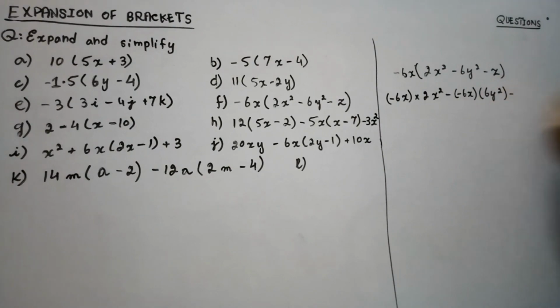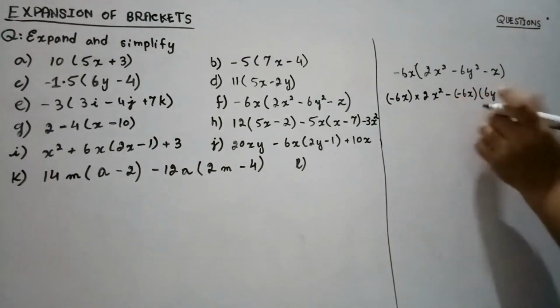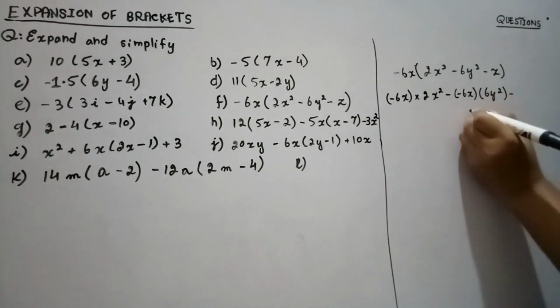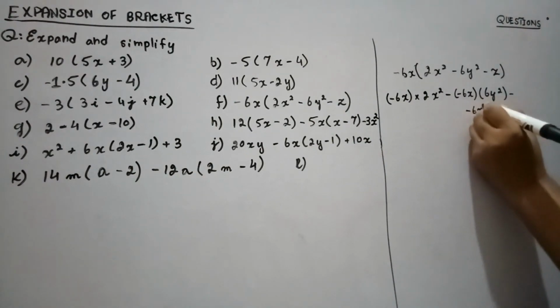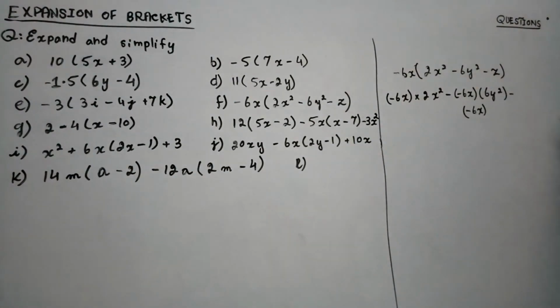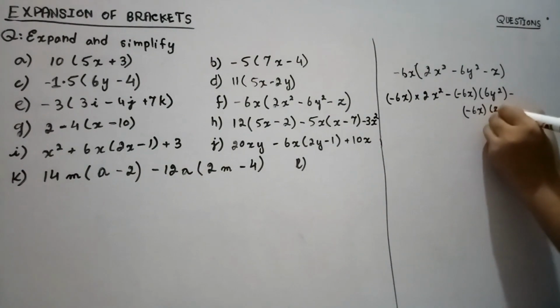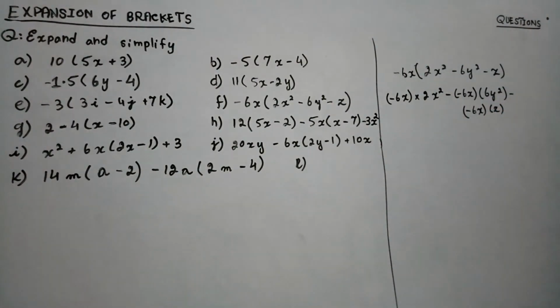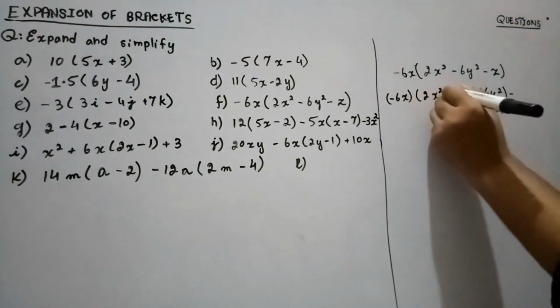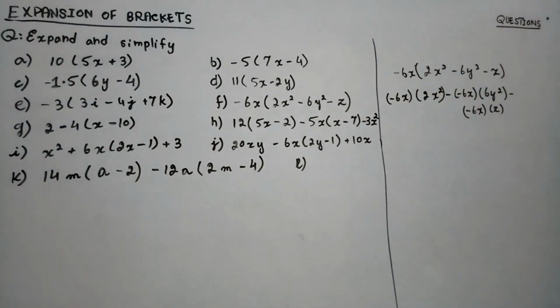And this negative sign as it is. Then negative 6x again is going to multiply with this z. Or I can also write brackets here. Clear?